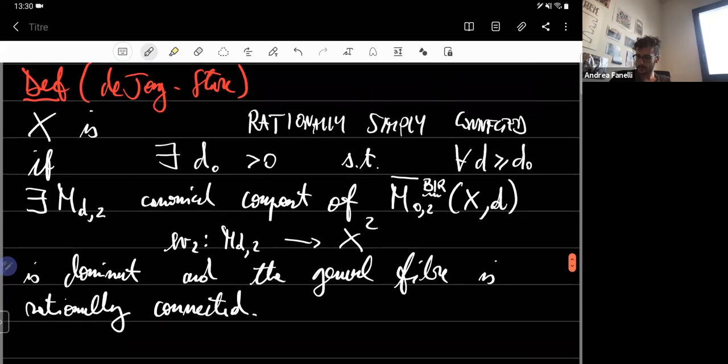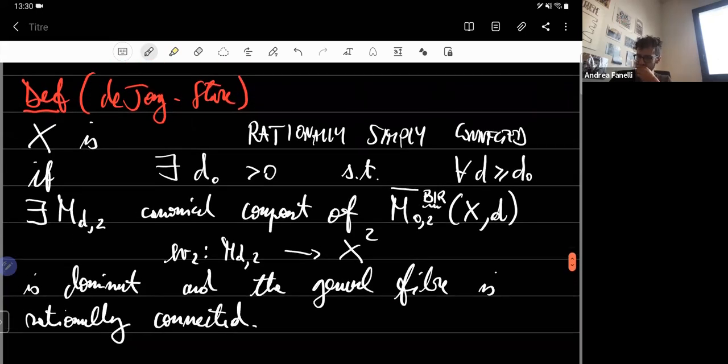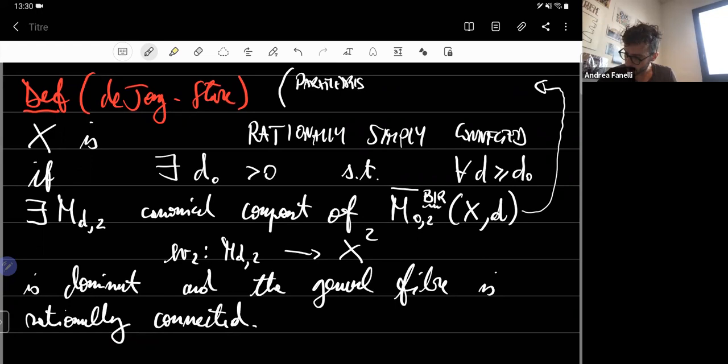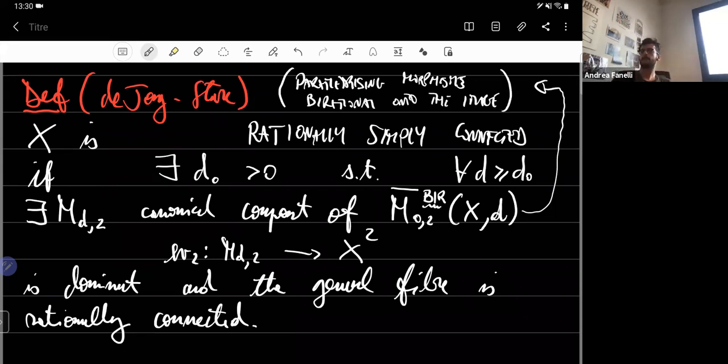Let me just show the whole thing. Maybe this is the comment I want to make: parameterizing curves which are birational onto their image. So already like this, it's kind of complicated, so let me repeat this.